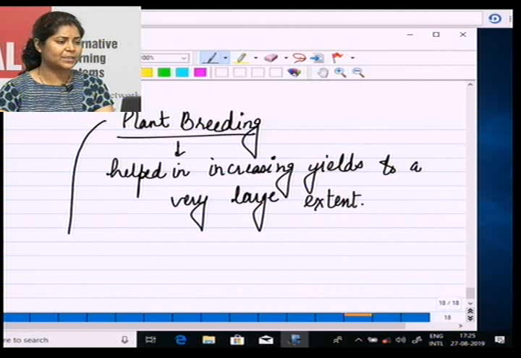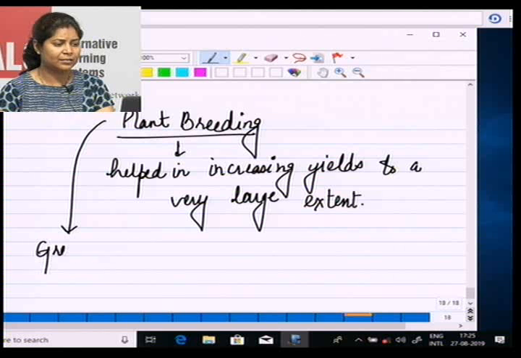Now this plant breeding is basically a technique from Green Revolution.